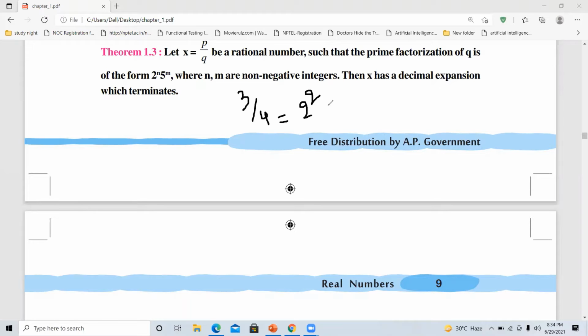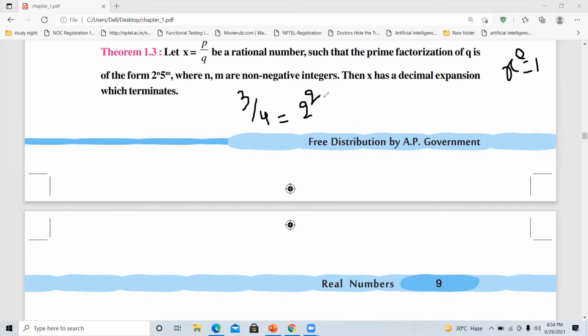How is it possible? 5 power m means we can write this as 5 power 0. We all know that any number to the power of 0 is equal to 1.